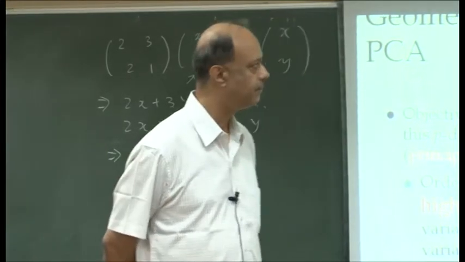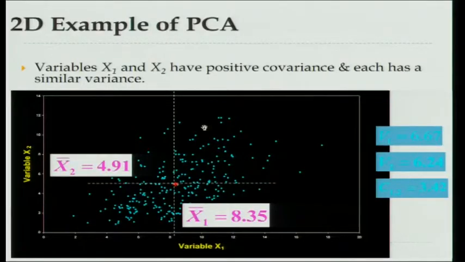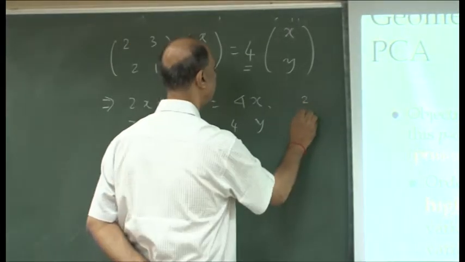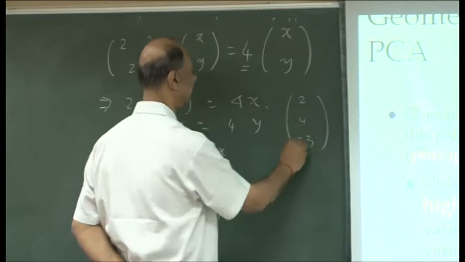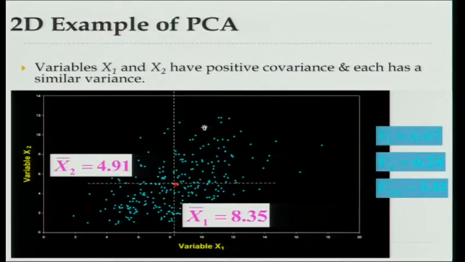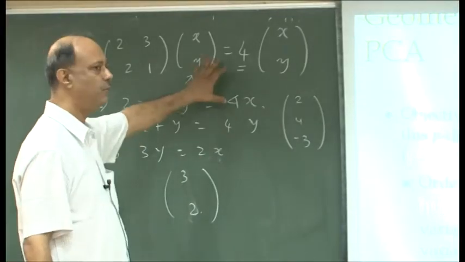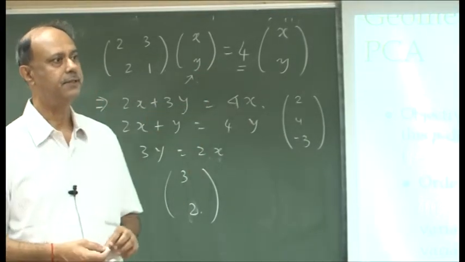Hmm? 2, 4? So that will be 2, 4 minus 3. Let's solve the equation. If you put this value, you can find out the result is coming.